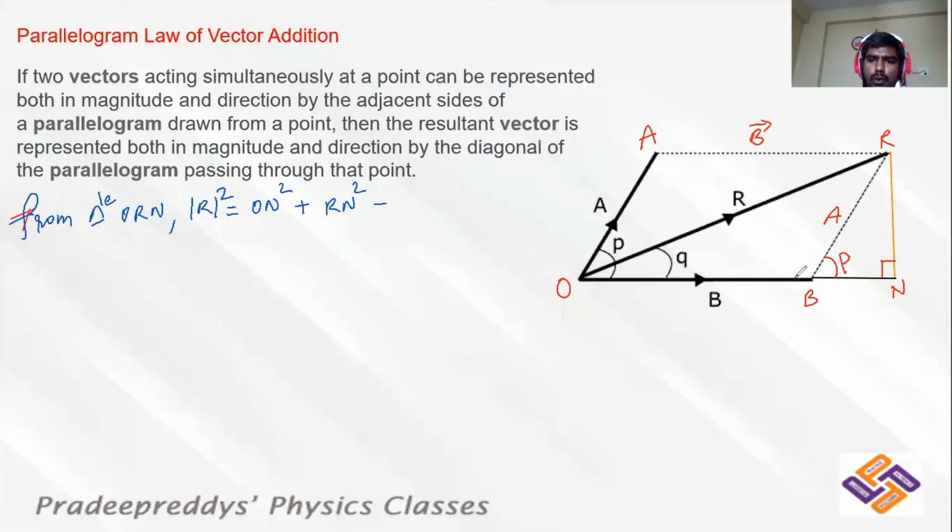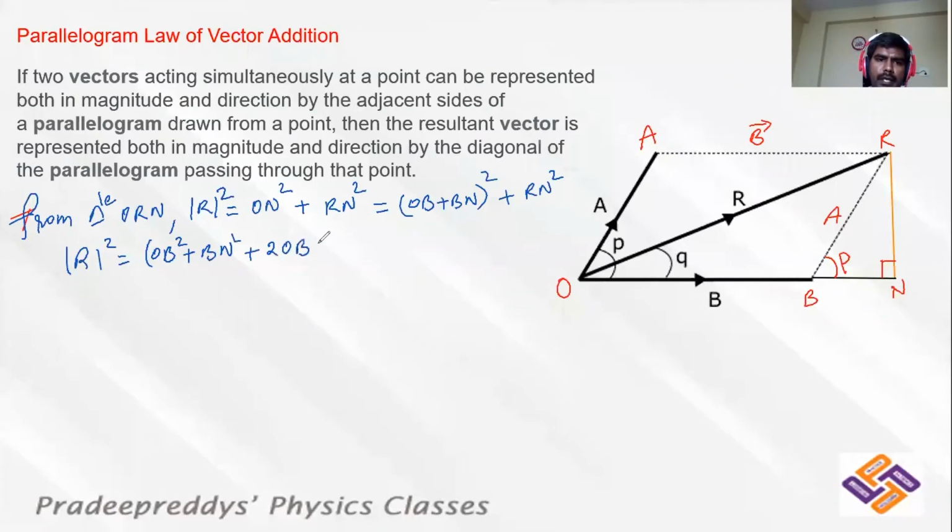ON is equal to OB plus BN. It is OB plus BN whole square plus RN whole square, right? So R magnitude whole square can be simply written as OB square plus BN square plus 2 OB into BN plus RN square, right? Take this as equation number 1.